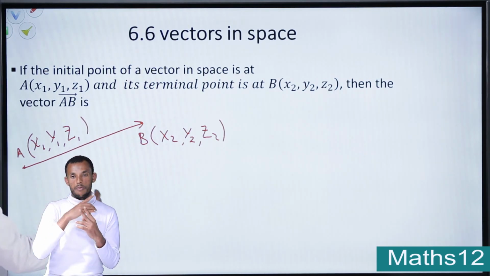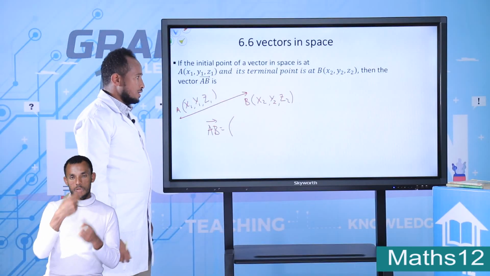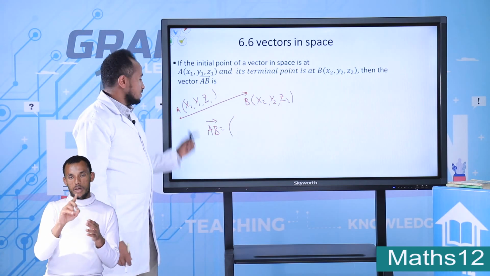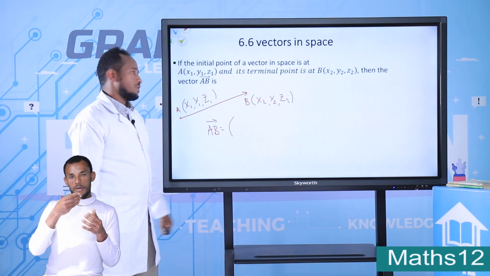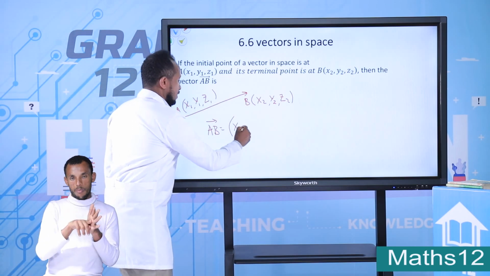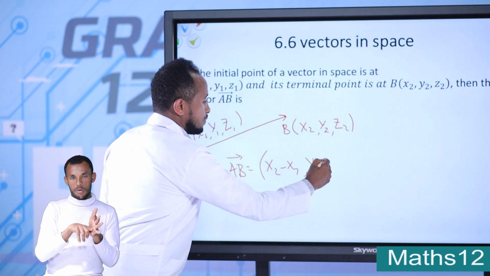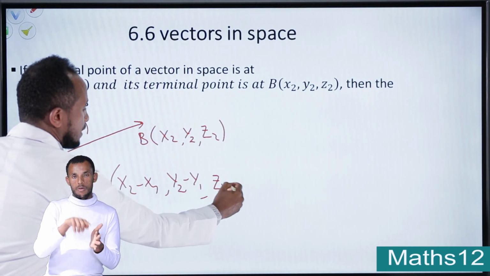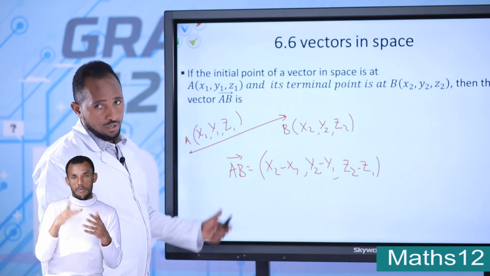The vector AB is written as the difference: x2 minus x1, y2 minus y1, z2 minus z1. So don't forget this one. If the initial and terminal points of a vector are given, then the vector in coordinate form is (x2 minus x1, y2 minus y1, z2 minus z1). So this is the coordinate vector form of AB.